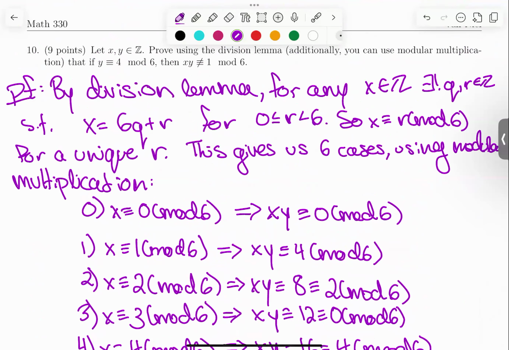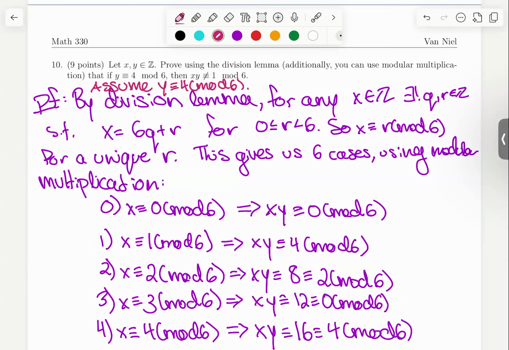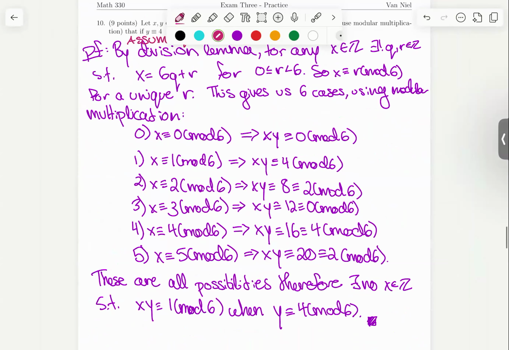I should have said something like assume or let y be equivalent to 4 mod 6. So I apologize. I should have said that somewhere above. But yeah. Whew. My hand is tired after that one.